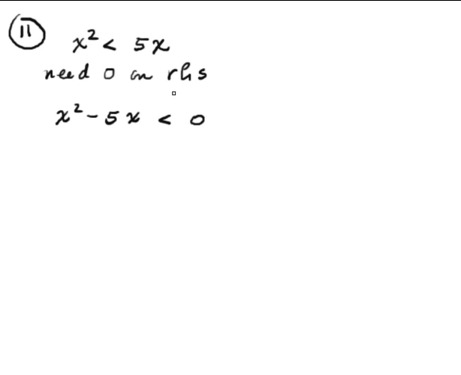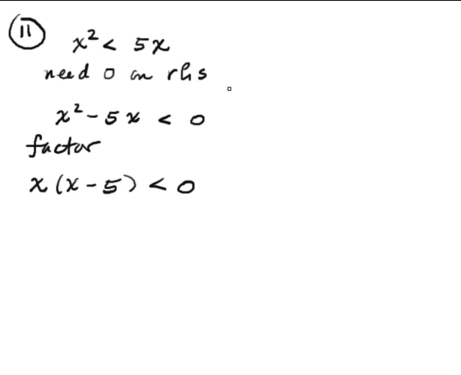And now we have x squared minus 5x less than 0. And the next step is factor, because we're going to do a plus-minus analysis, so we're going to have to put the zeros of this expression on the number line. So we must factor to find the zeros. So we'll factor by pulling out x. So we have x times x minus 5 less than 0.